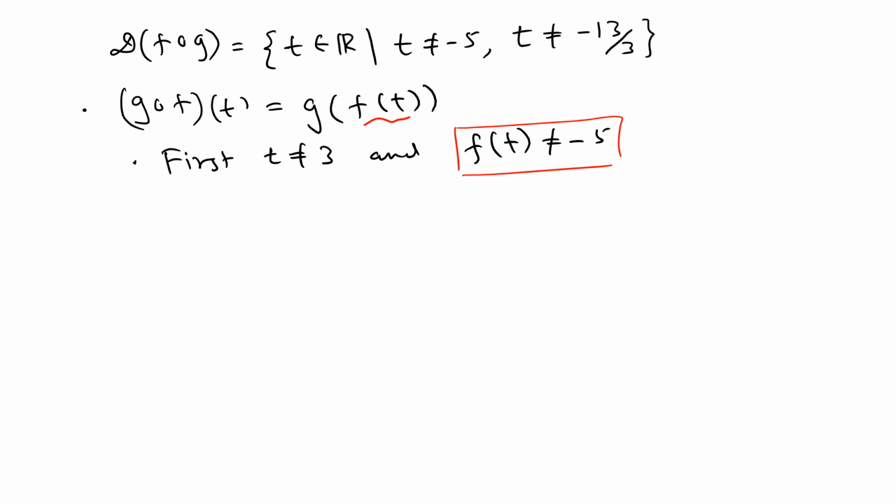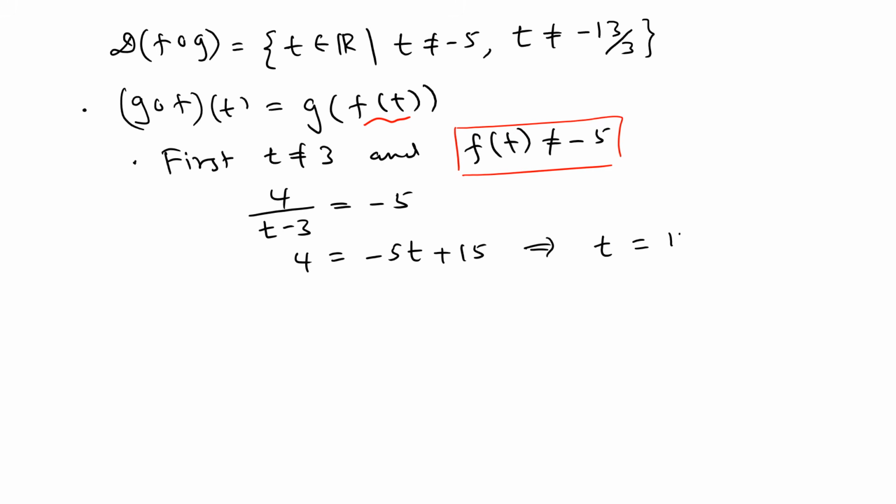Again, how we did it, we set them equal and find the corresponding value. So 4 over t minus 3, you set it equal to negative 5 and solve as before. This says that 4 equals negative 5t, by cross multiplication, plus 15, and then when you solve, this says that t is negative 11 over negative 5.